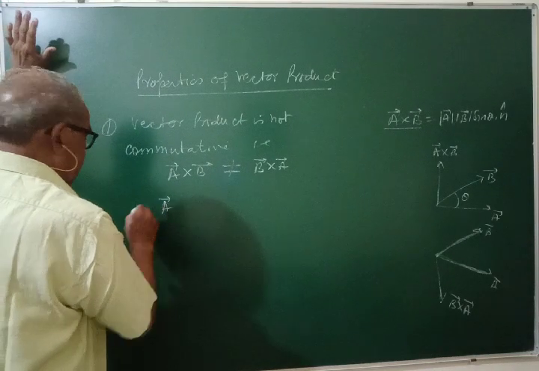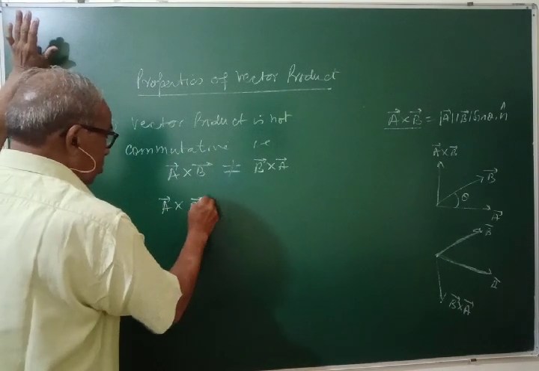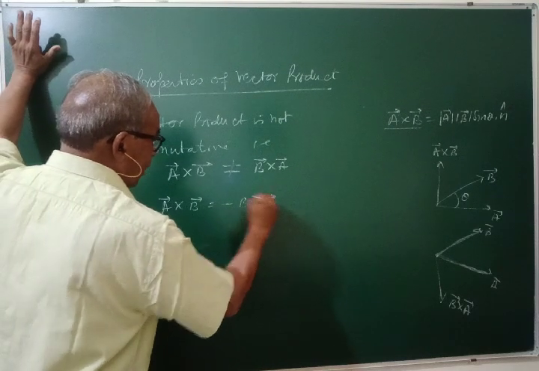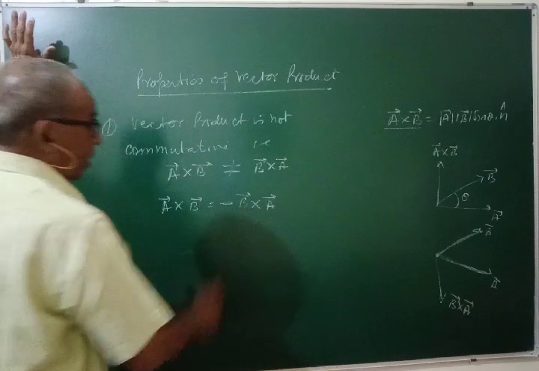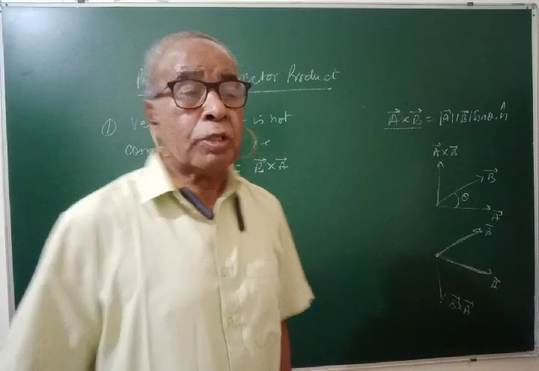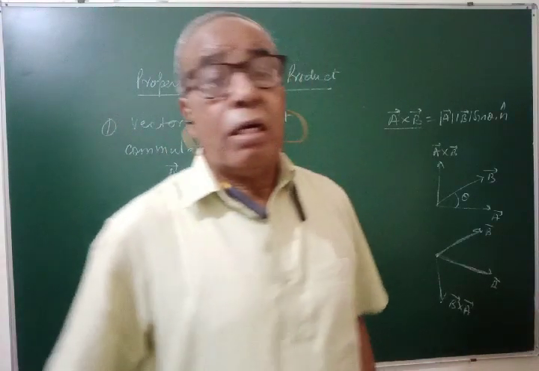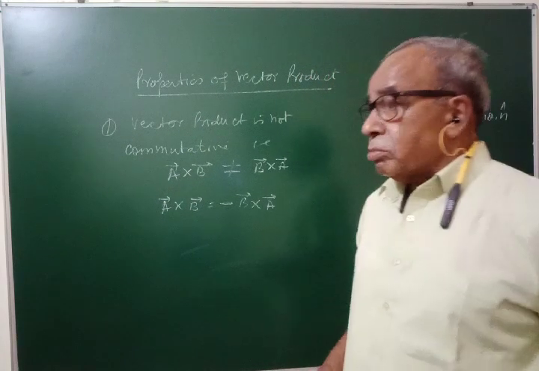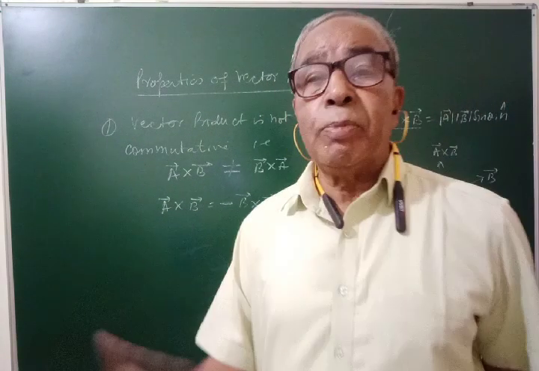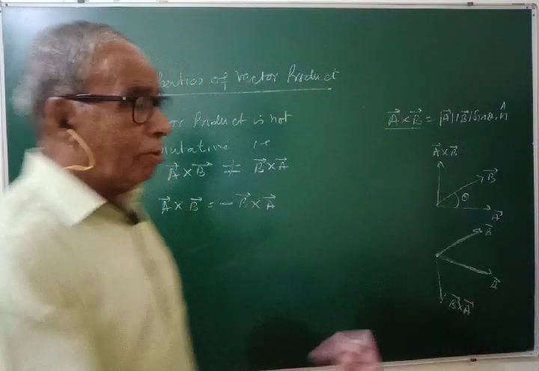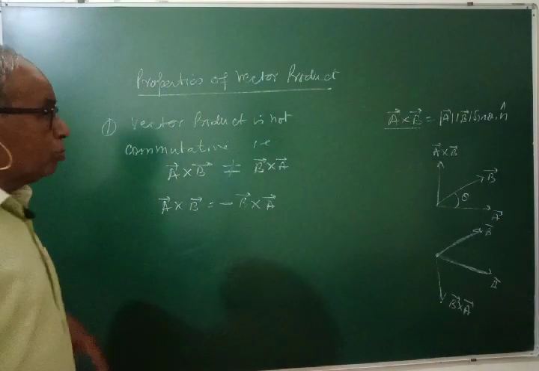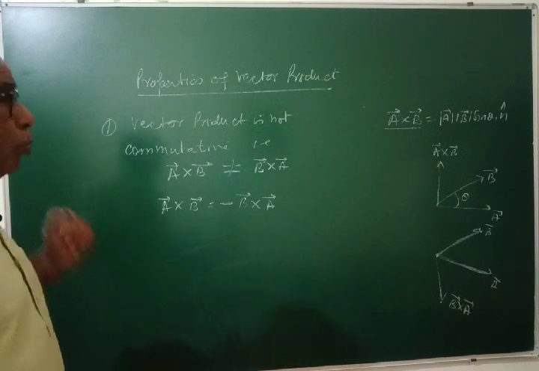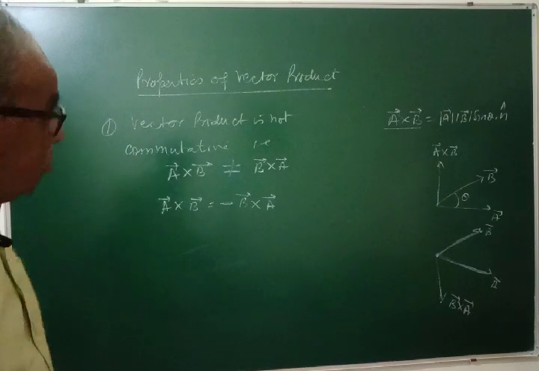We can write A cross B is equal to minus B cross A. When we are studying vector and there is minus sign, so minus sign indicates here direction is opposite. If I take left to right direction positive, so right to left will become negative. So this is first property of vector product, that is a vector product or cross product is not commutative.